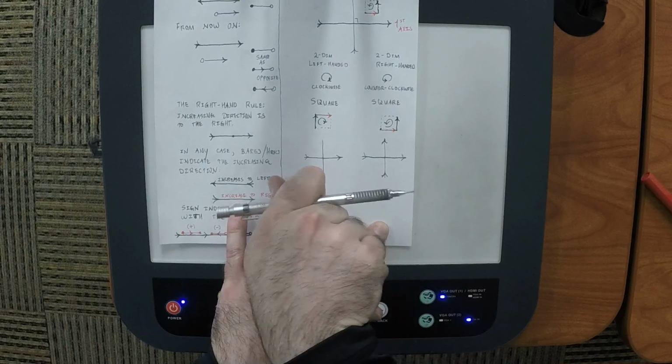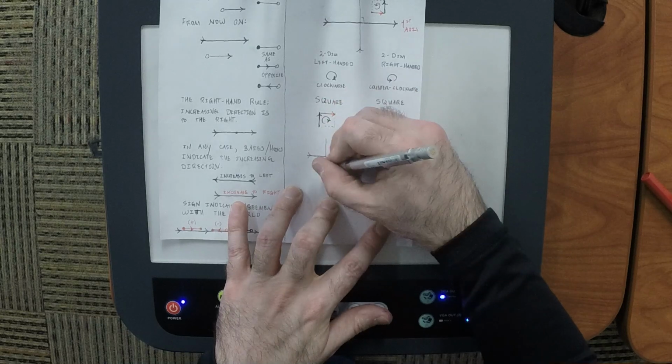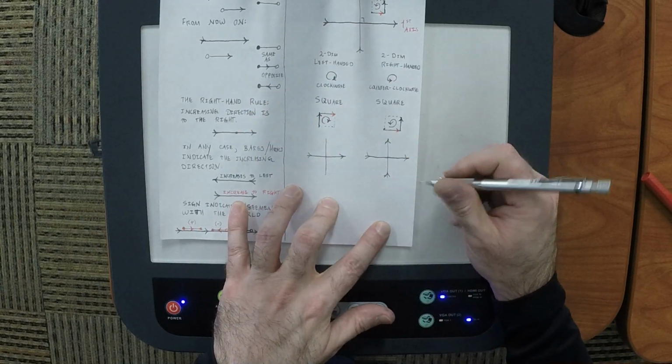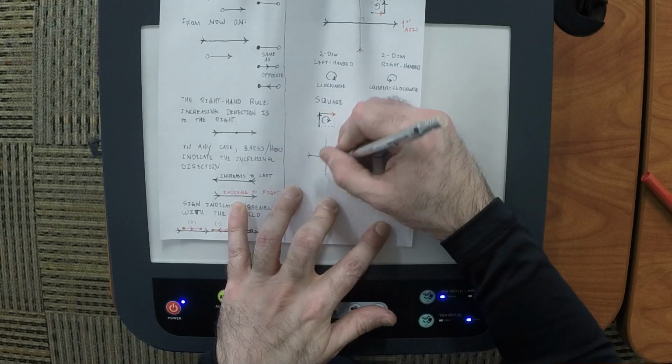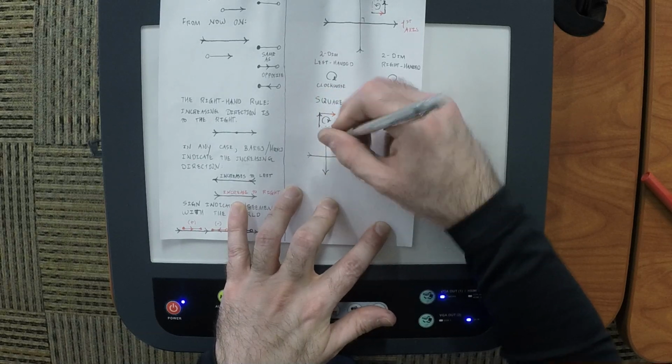So the increasing direction in the first axis is to the right, and in the second axis is up. And a left-handed system is where the horizontal increasing direction is to the right, and the vertical increasing direction is down.